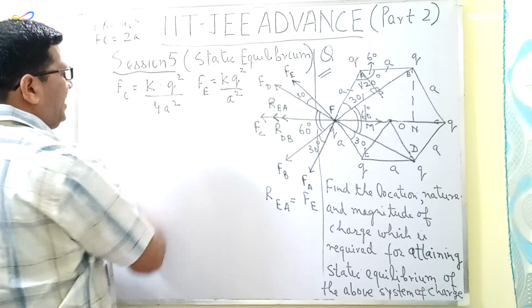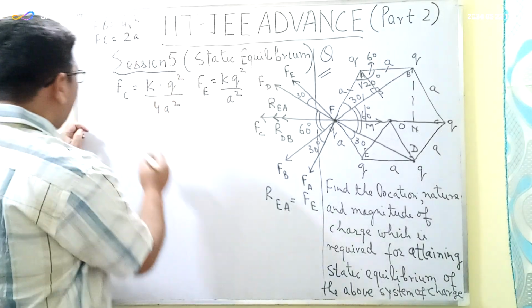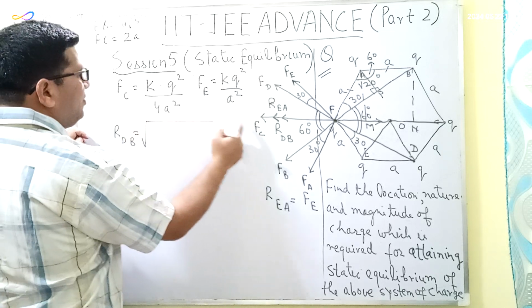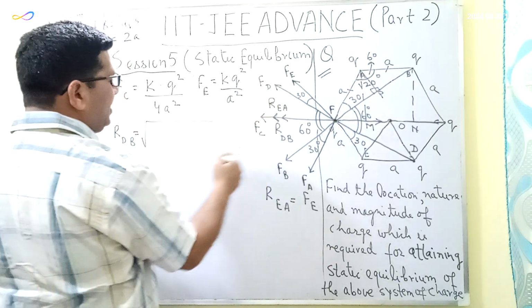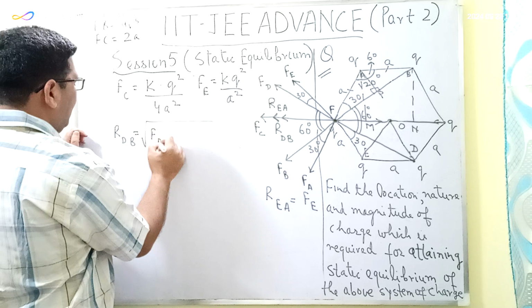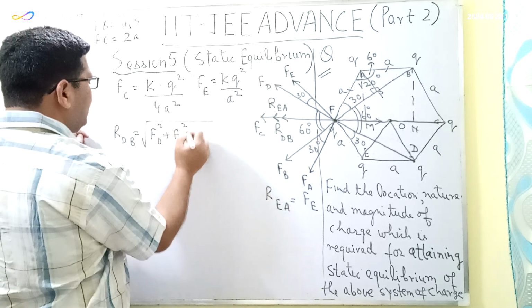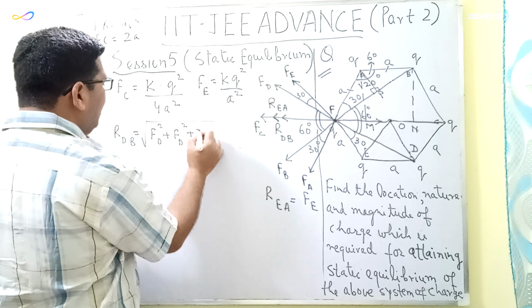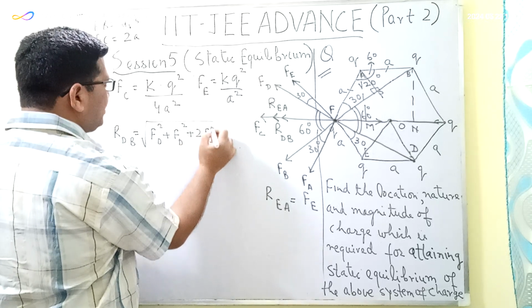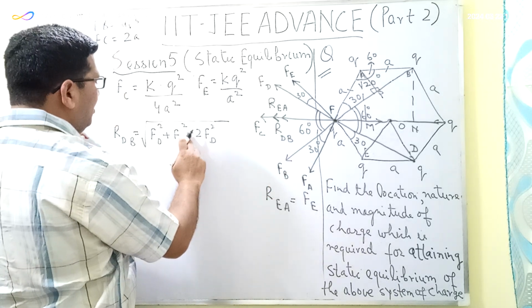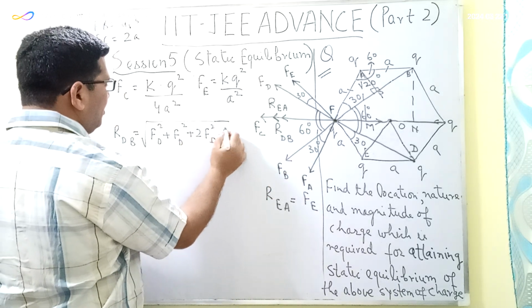Now we have to find RDB. RDB will be equal to the square root of FD square plus FB square plus 2 times FD into FB into cos 60. Now FB and FD are equal, so I am just substituting the value of FB as FD. Now cos 60 is equal to 1 by 2.